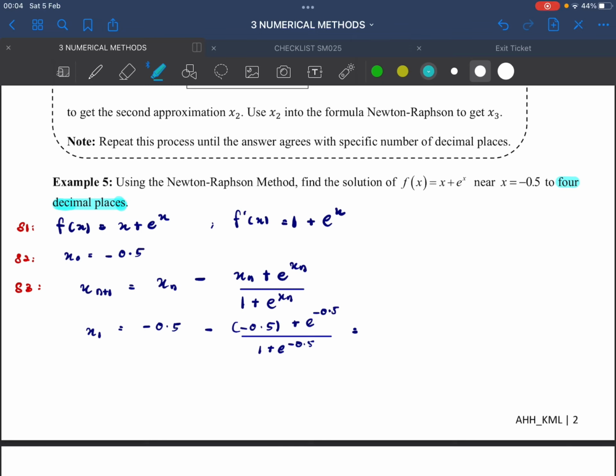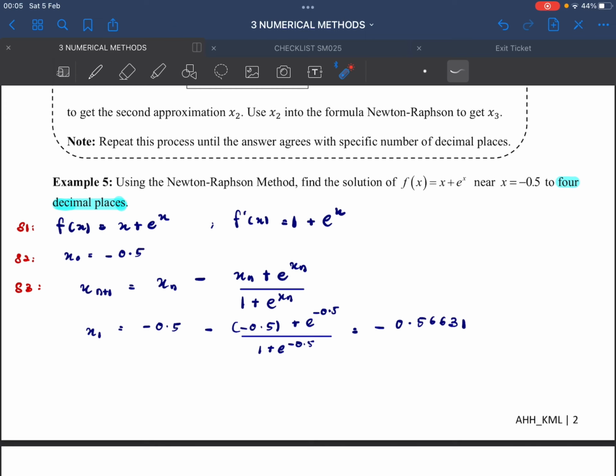If the question asks for 4 decimal places, in the working you have to put an extra 1. That means here we have negative 0.56631, so 1, 2, 3, 4, 5 decimal places.